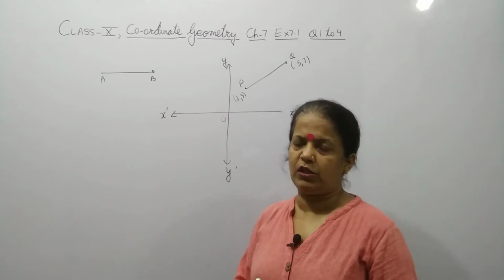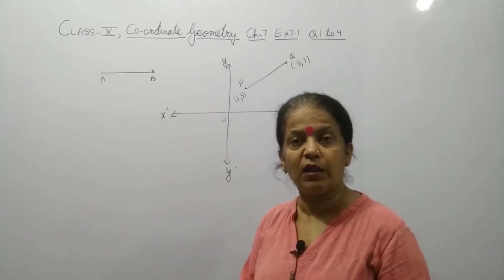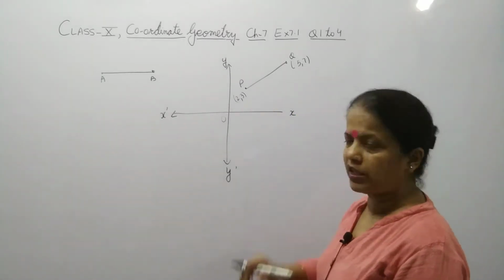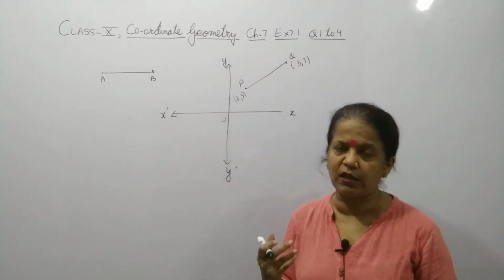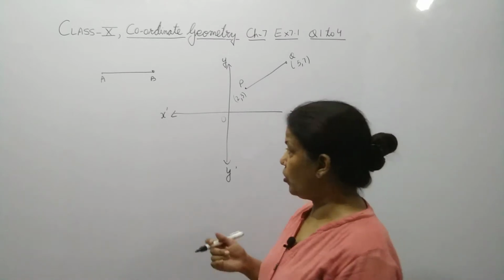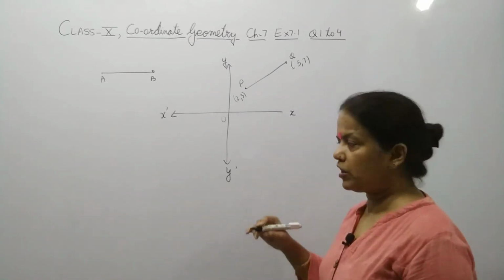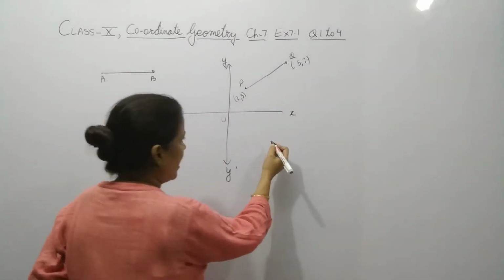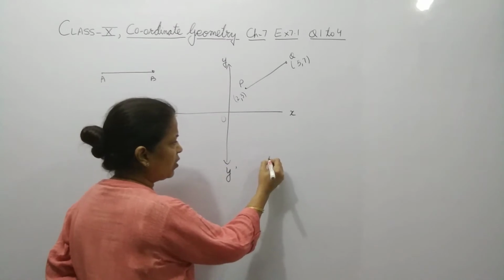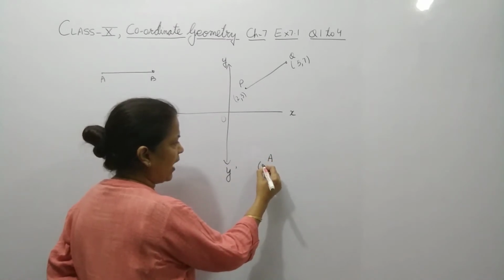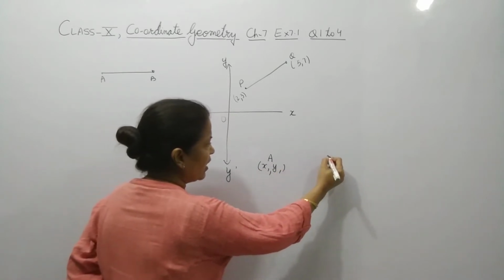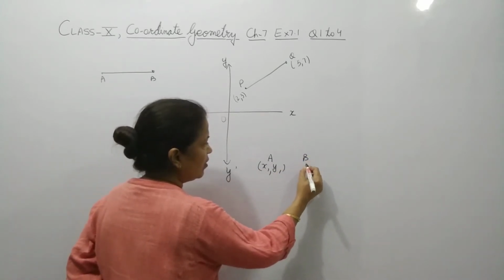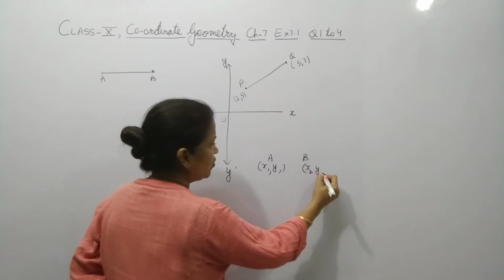In this case, we will use some other concept since coordinates are given. So we will use here the distance formula concept. The distance formula concept is, if there are 2 coordinates, let one coordinate be x1, y1 and the second be x2, y2.